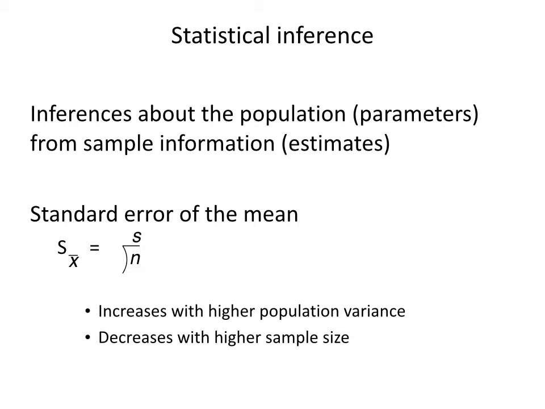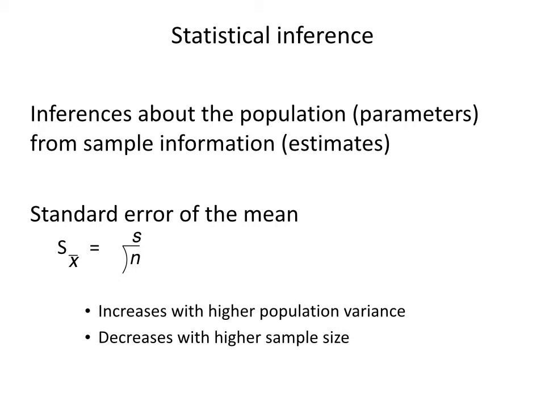The information content of samples is characterized by the standard error of the mean. Again, that standard error of the mean, designated as S sub x bar, is S, the sample standard deviation, divided by the square root of n, where n is the size of the sample. The standard error of the mean reflects the information value of the sample.